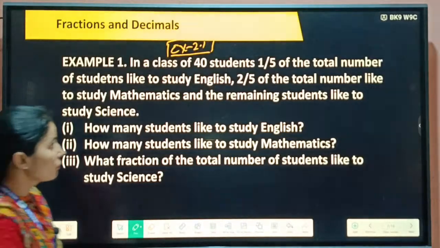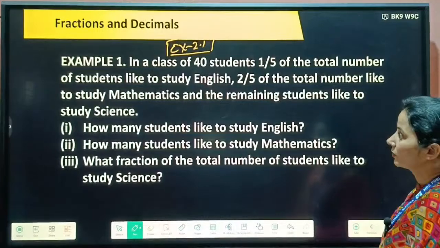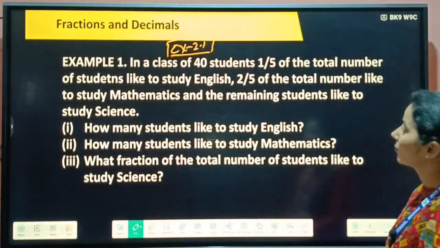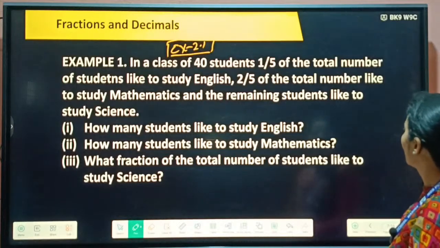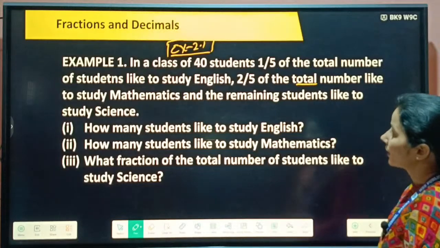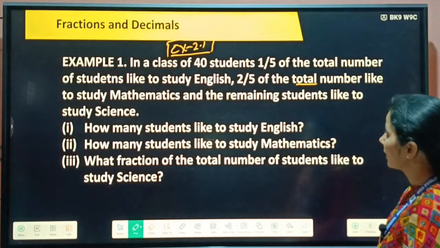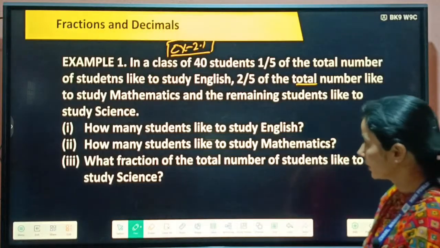In a class of 40 students, 1/5 of the total number of students like to study English, 2/5 of the total like to study mathematics, and the remaining students like to study science.